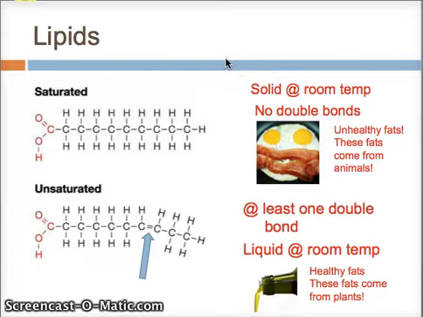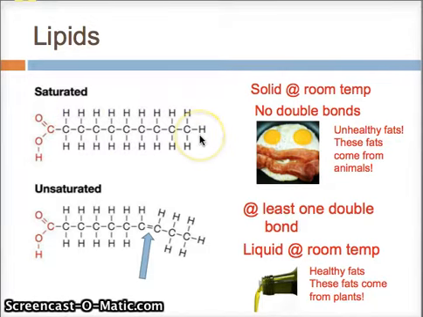Things you need to know about saturated. So this is the left-hand side of that T-chart. Those are solid. I want you to think like butter. Butter is a solid saturated fat. Now, these guys have no double bonds. Do you see how when you look at all these C's in a big line right here, there is no what looks like an equal sign?